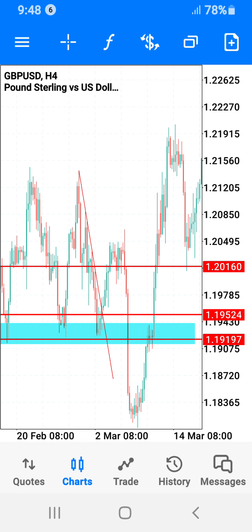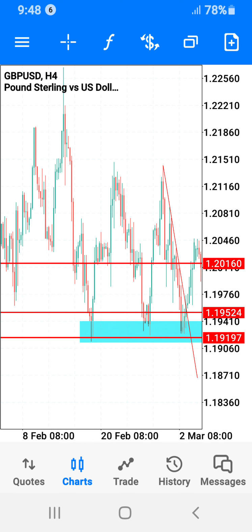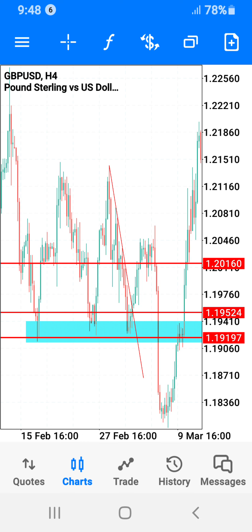We're saying what we are anticipating here. We want to see if this gets broken or it starts to reverse right here. What we saw was that this got reversed. So this other one, we don't know if it's going to get broken or reverse, so we're also waiting.